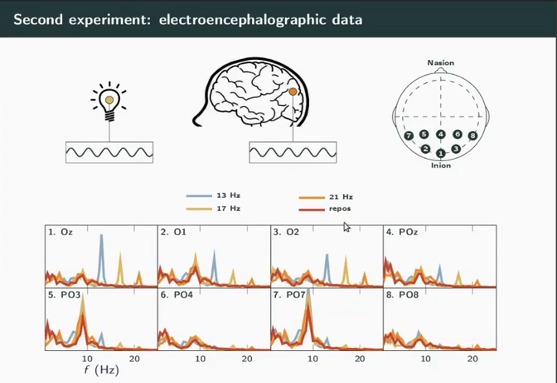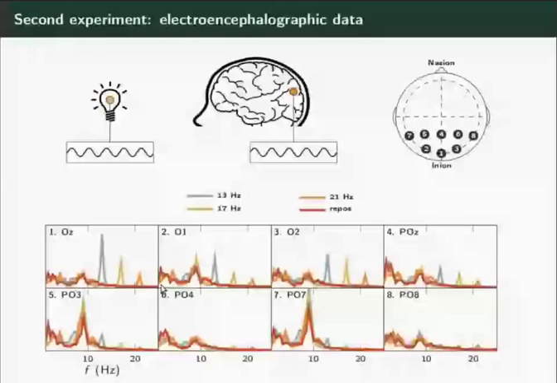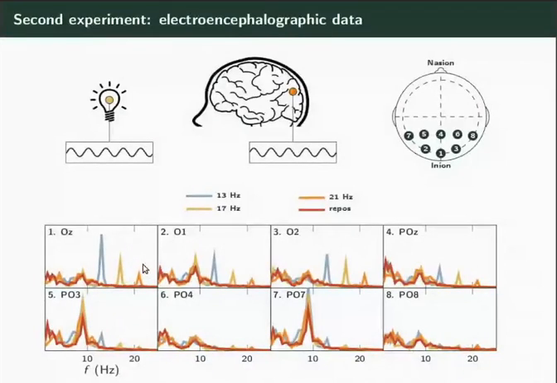Here you have the Fourier spectra, the power of the spectra, and you can see that in the different conditions we observe some peak at the corresponding frequency.